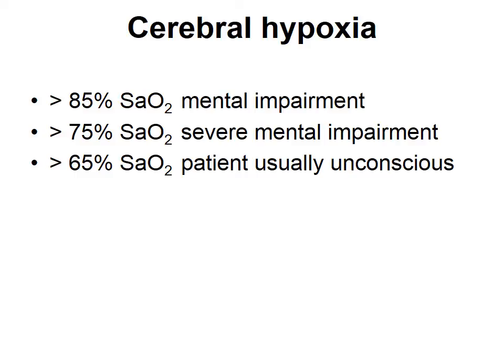And this has been a particular problem in aviation and in mountaineers, because you need the brain to be oxygenated for it to work properly. So with saturations of less than 85%, the individual can't think straight, there's mental impairment. Then going on to severe mental impairment, and then when we get down to lower concentrations, the patient is going to lose consciousness.